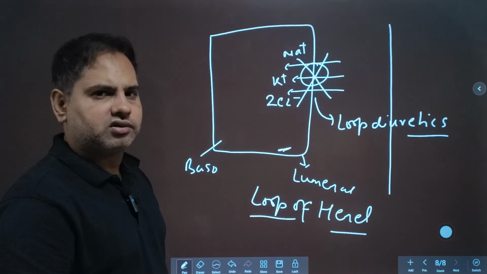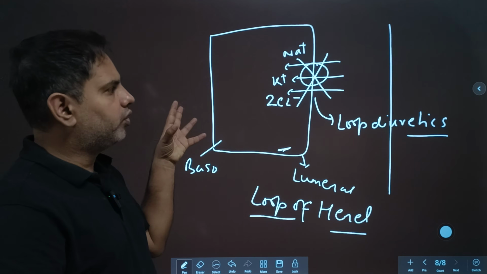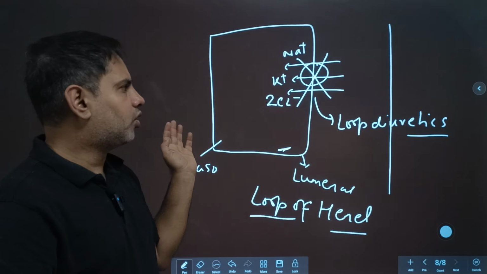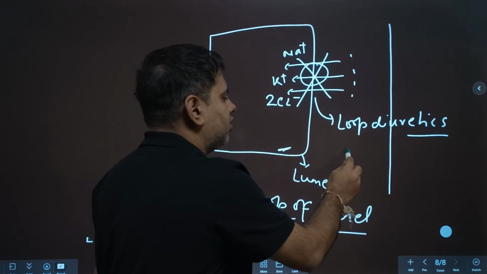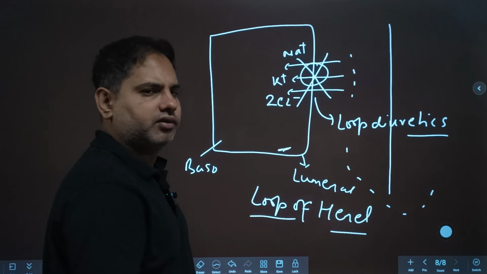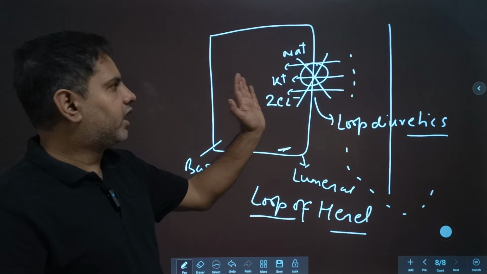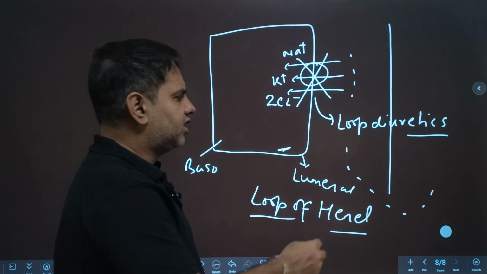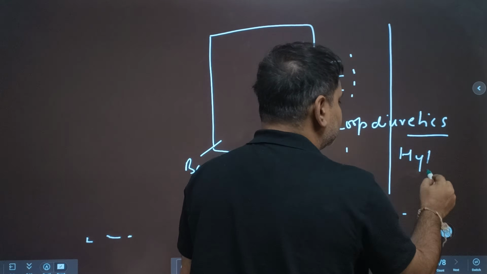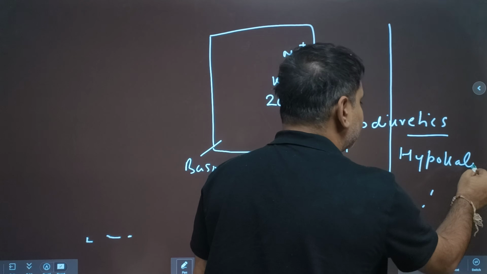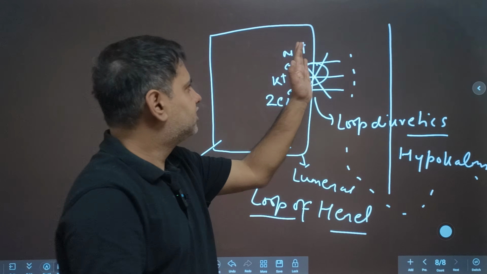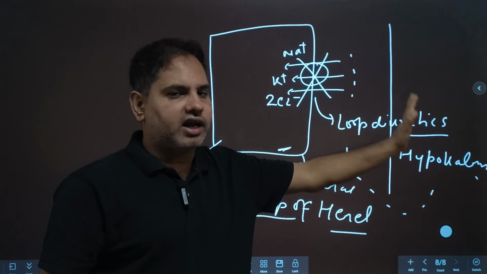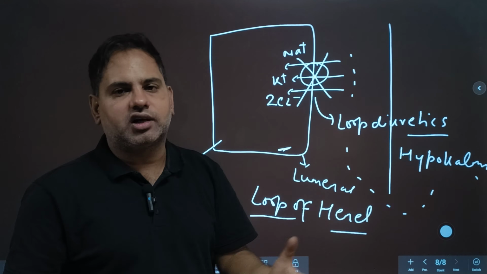What will happen? Your sodium is not going to be reabsorbed, your potassium is not going to be reabsorbed, and your chloride ions also are not going to be reabsorbed, so they move to the further part of the nephron, right? So these loop diuretics can also result in hypokalemia, same concept, because sodium is not absorbed in this part, but it can be absorbed in the distal convoluted tubule.